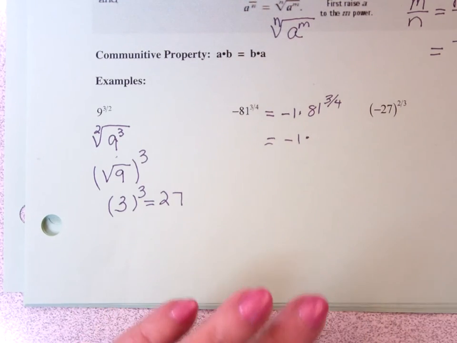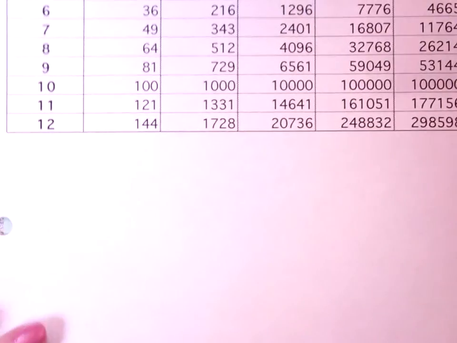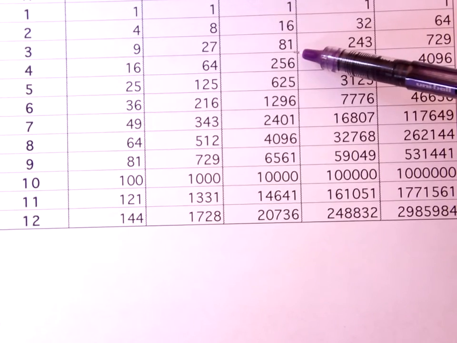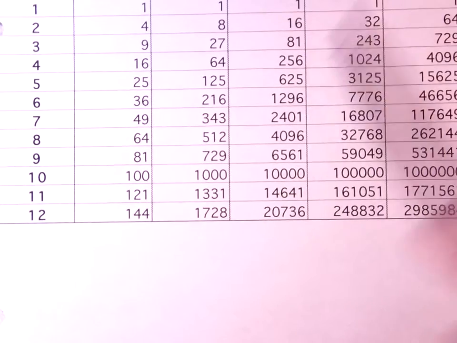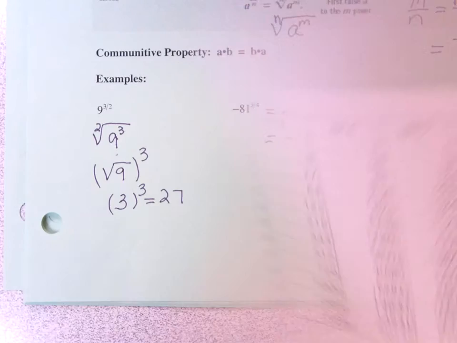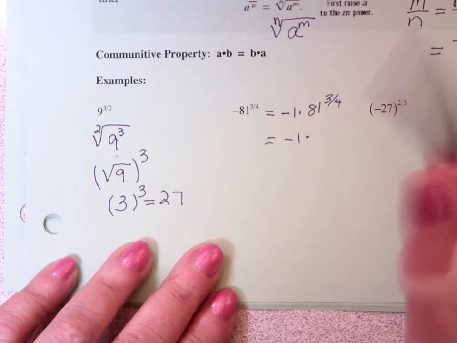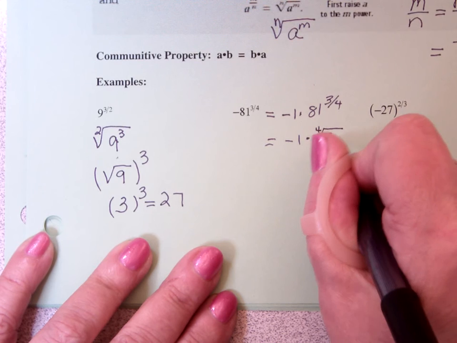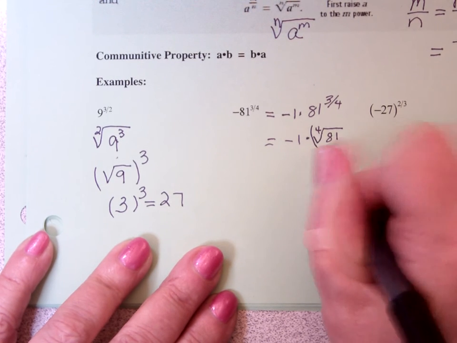Remember our powers table. I'm looking at something to the fourth power. Is 81 in that list? Yes. And if I come across, it's 3. So 3 to the fourth power is 81. So 81 is a perfect fourth. So that says I'm going to root it first, and then I'm going to power it.